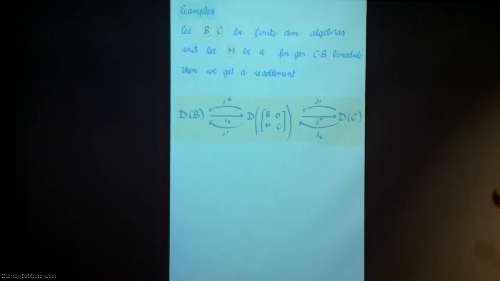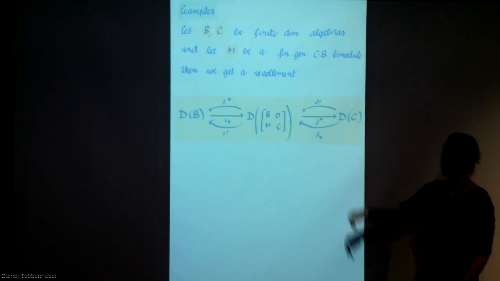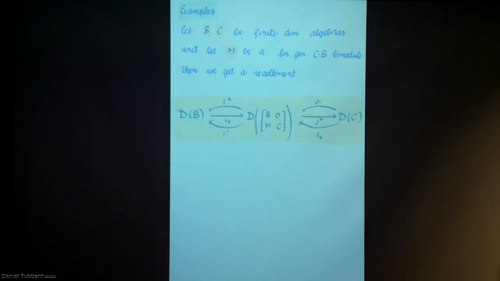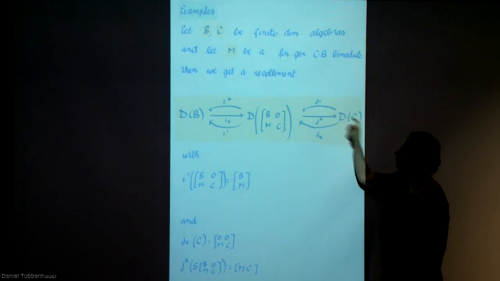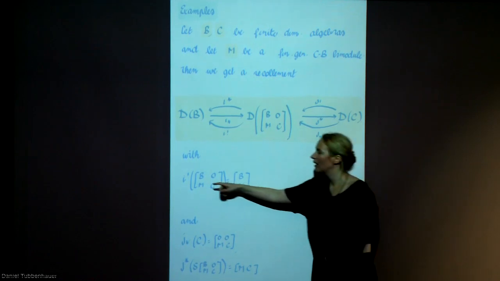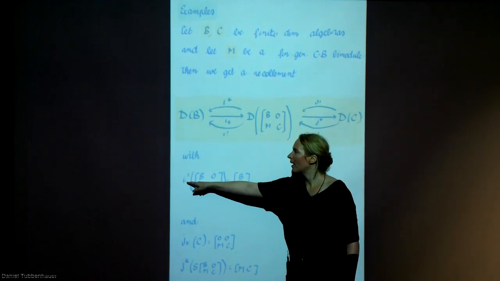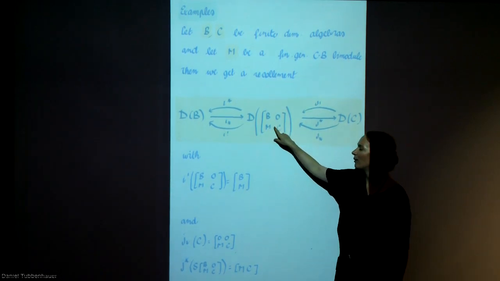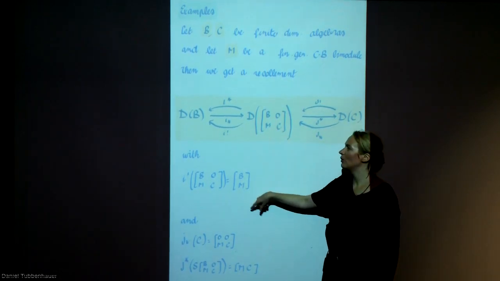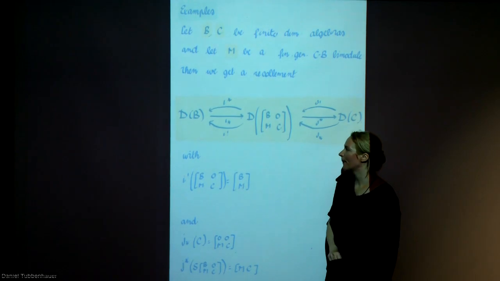So you can do that, glue them together and get a more complicated algebra, and you can do that several times until you have the algebra that you like, if you have a nice enough algebra. Now, if you actually write down these functors, this one is going to send the ring to the B module Bn.